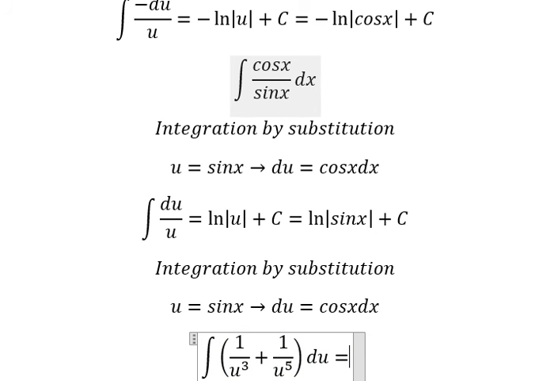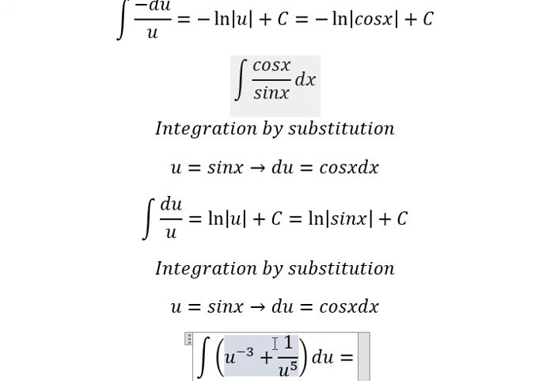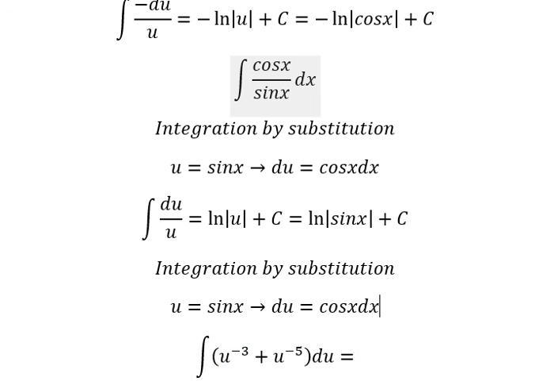So for this one, we can transform into u to the power of negative 3. This one is u to the power of negative 5. And now we can apply the formula in here.